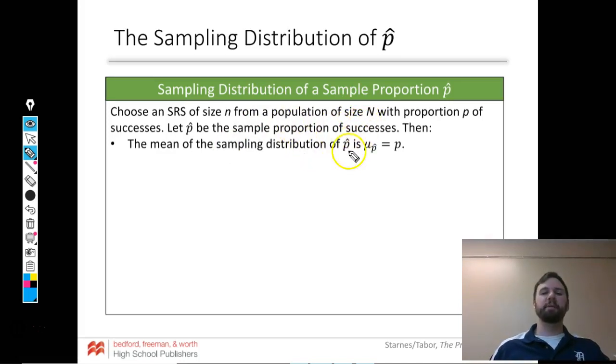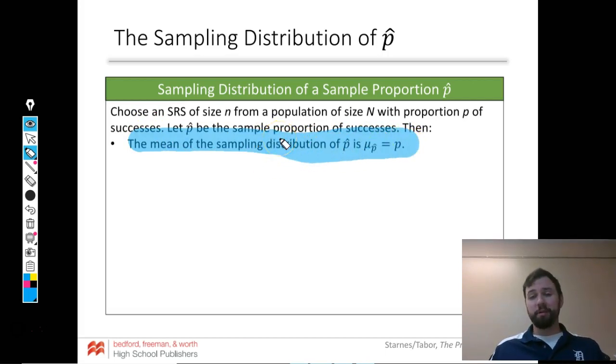The mean of a sampling distribution. Okay. This is tricky. Given a sample size of n from a population of size N, the mean of the sampling distribution of p-hat is the population proportion, whatever the population proportion is.